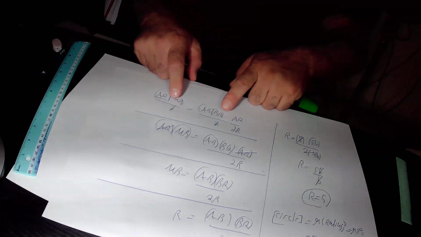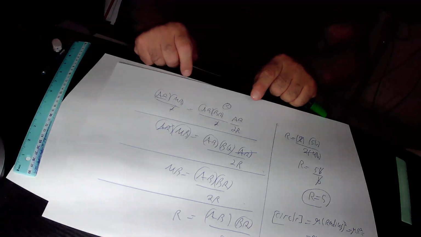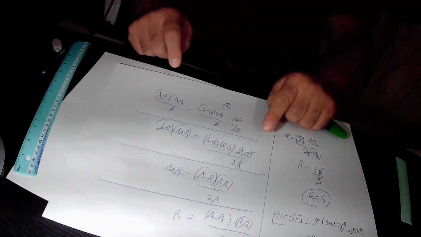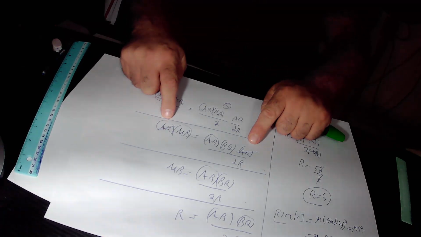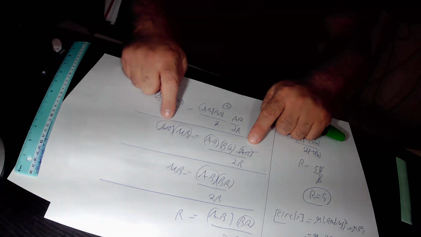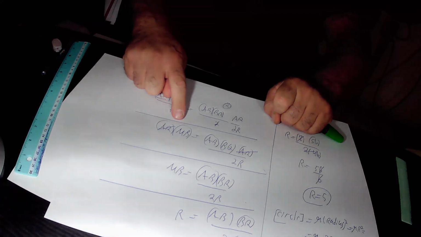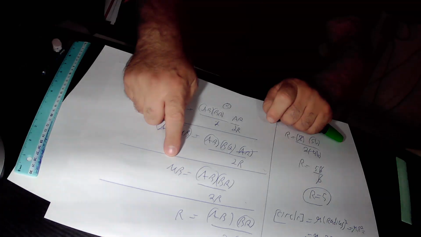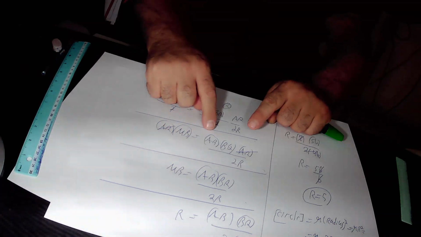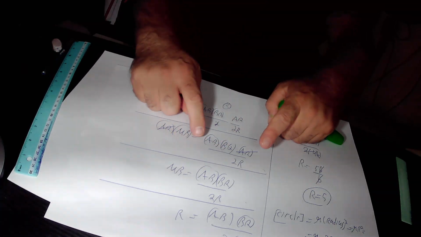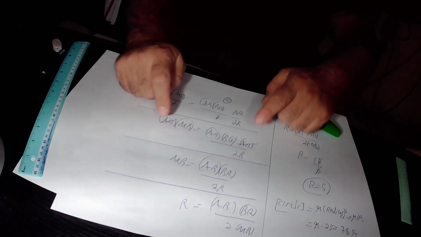We have 2 on both sides of this equation, so 2 will get cancelled. And we have AQ on both sides, so AQ also will get cancelled. After we cancel AQ, on this side we are left only with MB, which equals AB times BQ over 2R.